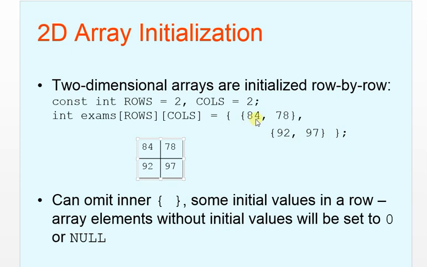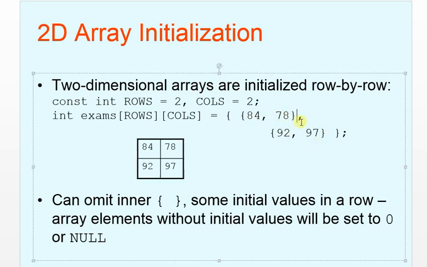So this is initializing exam 0,0 to 84 and 0,1 to 78, and then it's initializing 1,0 to 92 and 1,1 to 97. For each row you would have an inner set of curly brackets, separated by a comma.